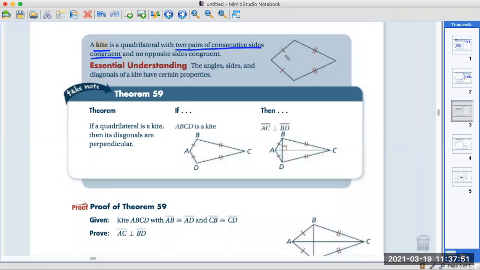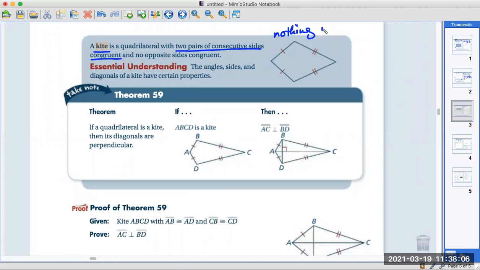So look, this is congruent to that, this is congruent to that. They're not congruent to each other, nor are they parallel. Nothing here is parallel. The only things that are congruent are the sides that are next to each other, consecutive.